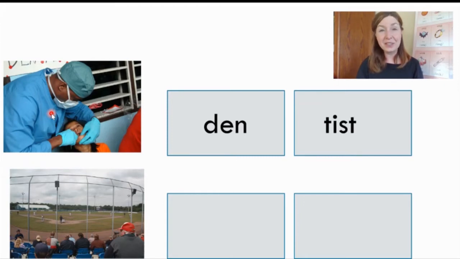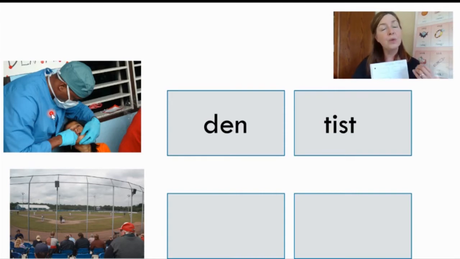All right, are you ready for the next one? The next one shows a backstop that you would find at a baseball game. And we'll go ahead and clap it out. Here we go. Backstop. Are you ready? Backstop. We hear two parts. Backstop. And I want you to touch the frame as you say it again. Backstop.